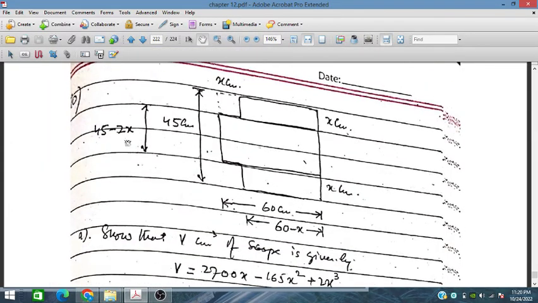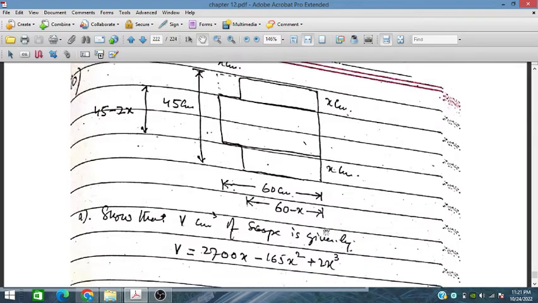This is problem number 10, where this is 45 centimeters, and from here to here this is x centimeters, this is x centimeters, so we subtract it. So this length is 45 minus 2x, and this is 60 centimeters, so from this to this we have 60 minus x.